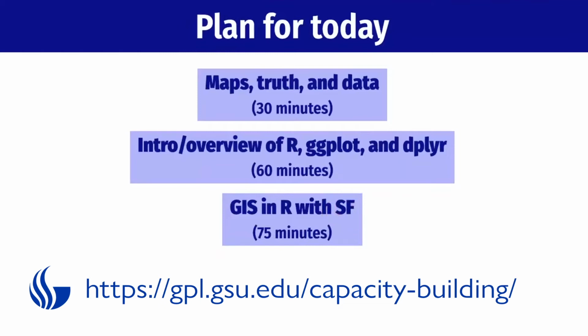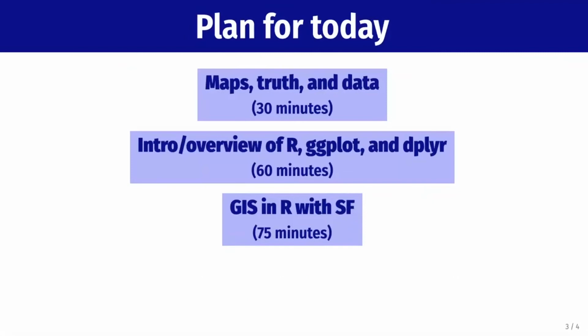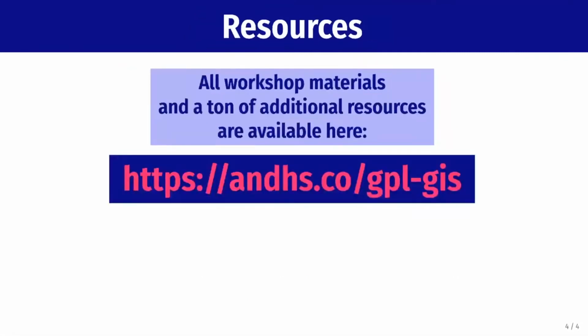I don't know why they chose to name it that. They just did. And that's what it's called out in the world, this sf package. So again, all of the materials for today and everything you'll need is at hs.co/gpl-gas. If you haven't gone there to start getting the materials ready, go ahead and do that.